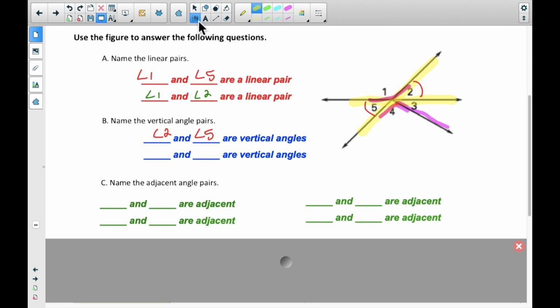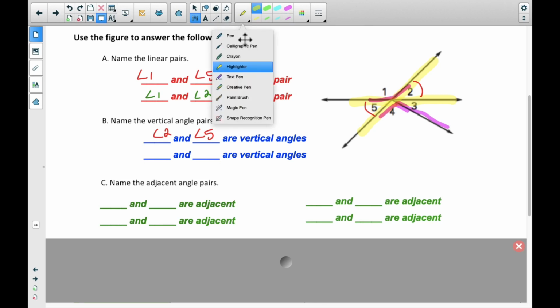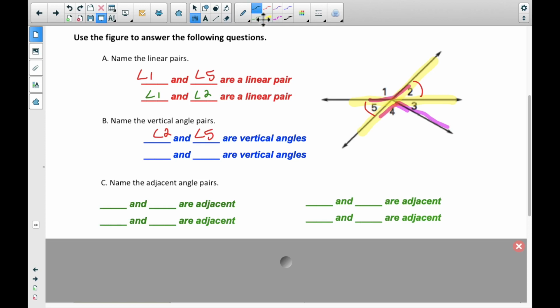One more set of questions, and this is kind of a review question, which is good because we need that review from time to time. If we look at these, adjacent angles. Do you remember what adjacent angles are? Adjacent angles are when they're back to back and they share a vertex. So there's a bunch of them in this diagram. The first ones that I see are angle 2 and angle 3.